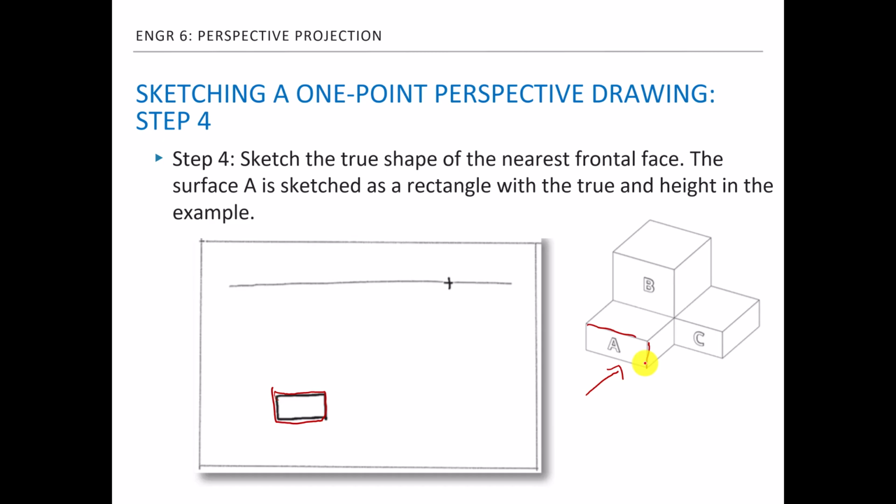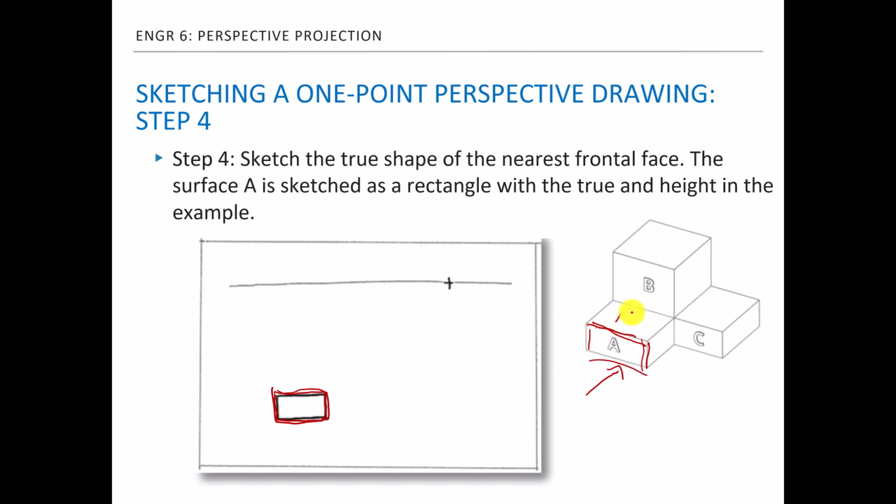Any lines that are vertical in the real object will stay vertical in your 2D sketch. Okay, so in this case, all the lines are either horizontal or vertical. So you have to sketch surface A as just a rectangle.